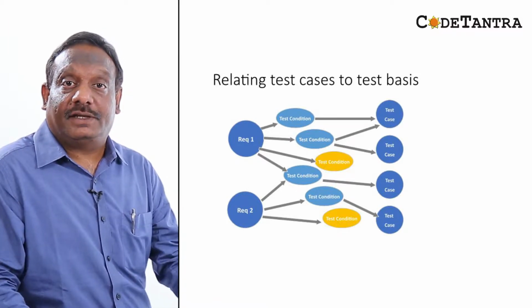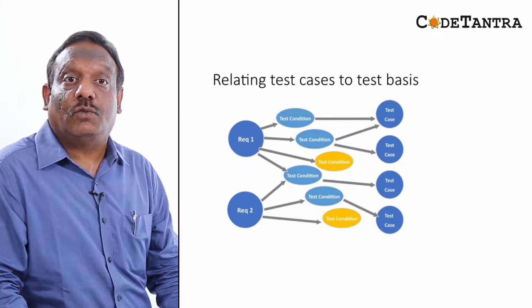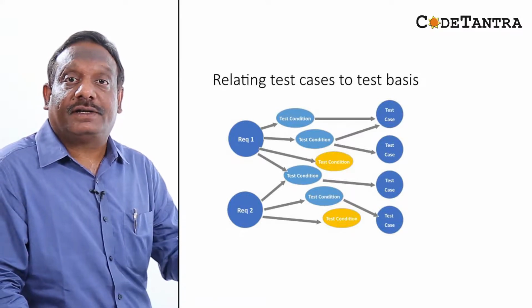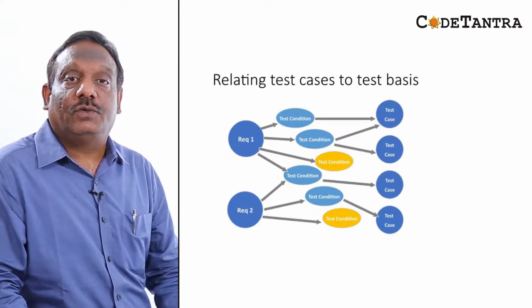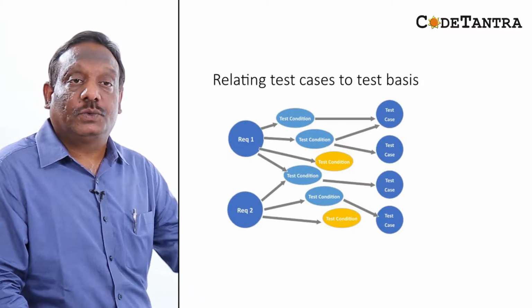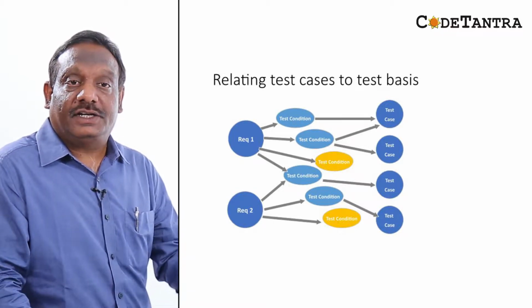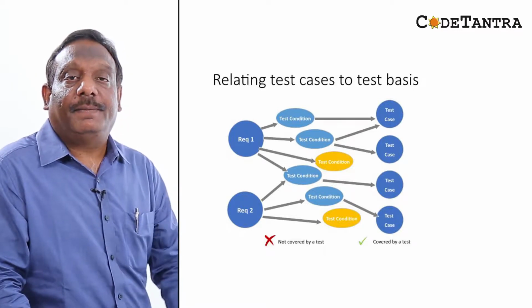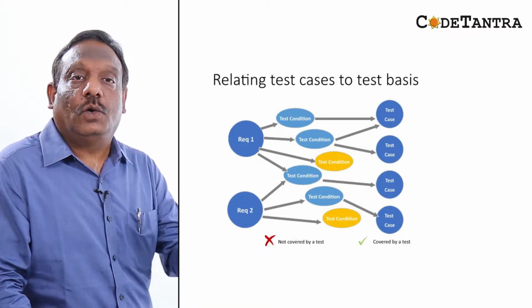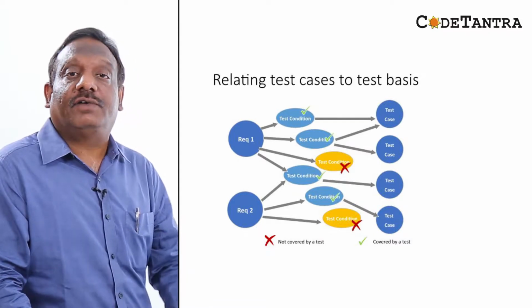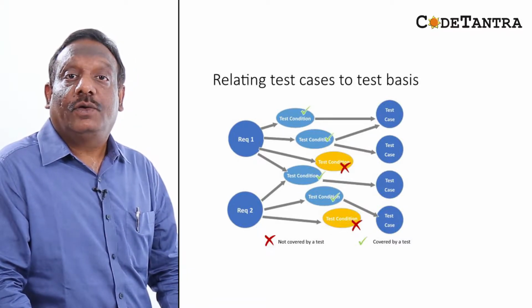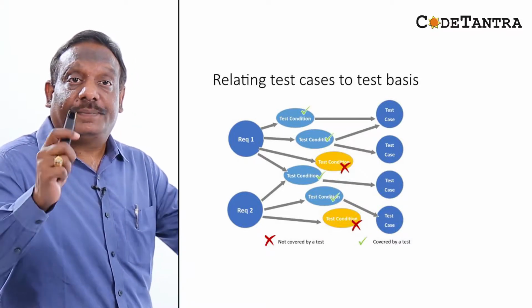Now as a test manager, you have executed tests and you want to trace your test results back to your test conditions and requirements. Here the blue test conditions are covered by a test and the yellow test conditions are not covered by a test. Now the rest are covered.